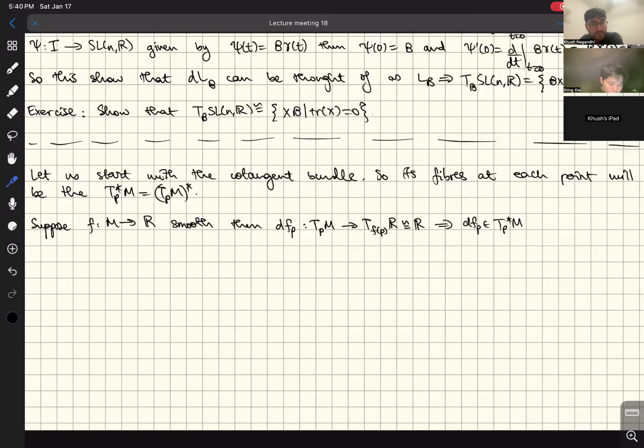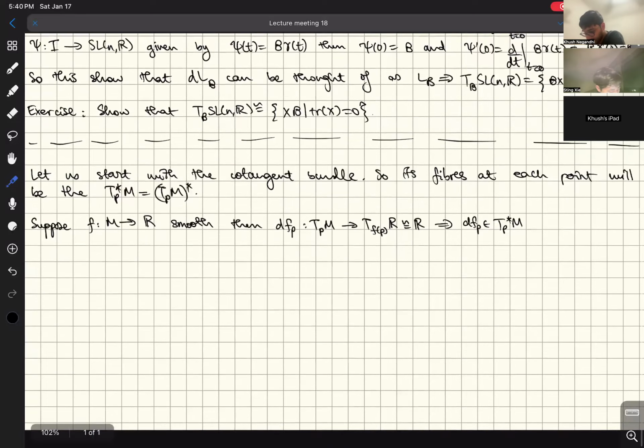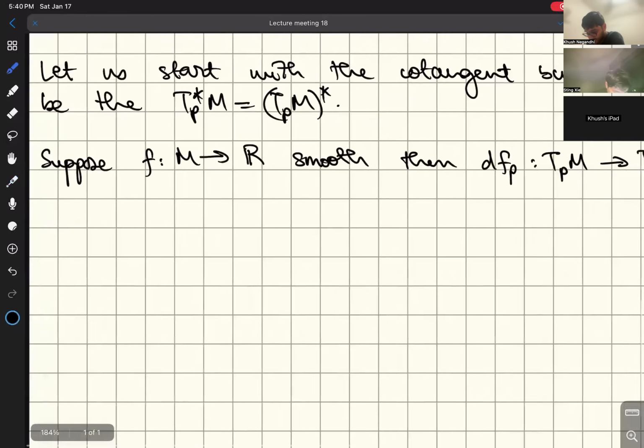Okay. So let's now talk a bit about how the tangent bundle was defined. But actually, let me write this down.